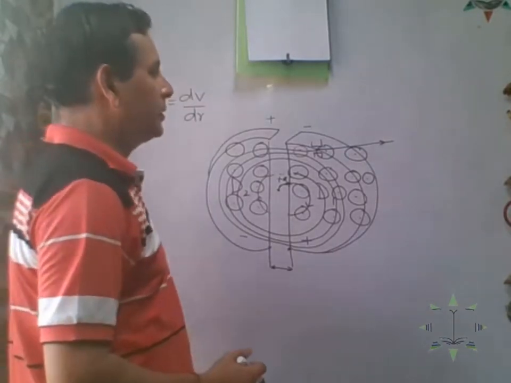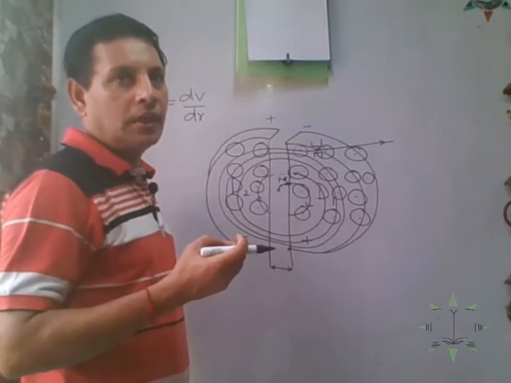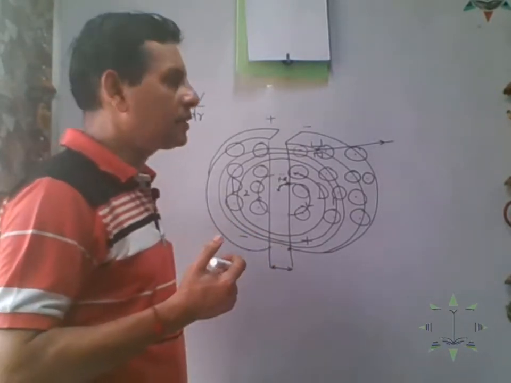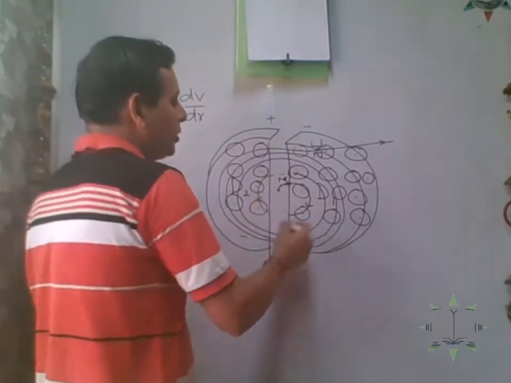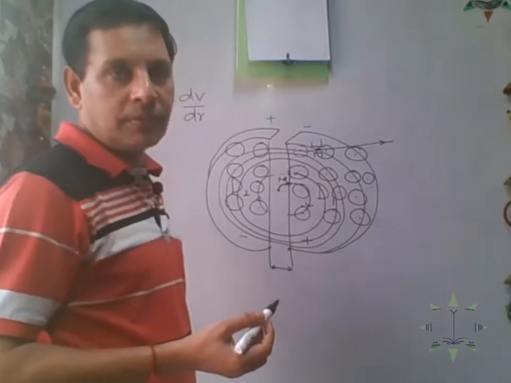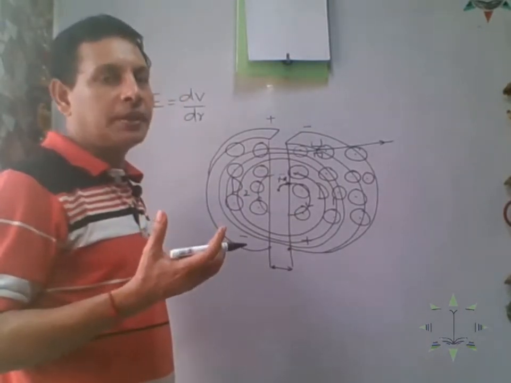The reason is that the electron is a very light particle, and according to relativistic mass, Einstein has given that if we move a particle at very high speed, the mass of the particle is velocity dependent.